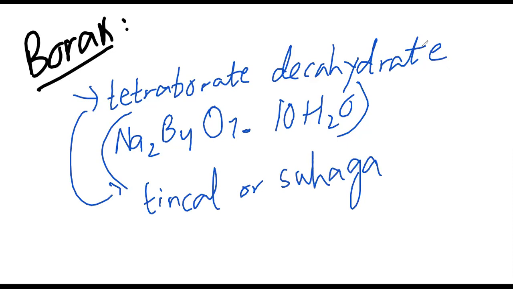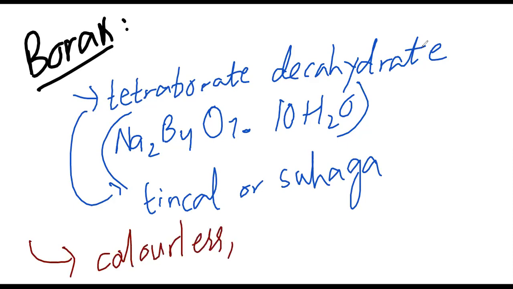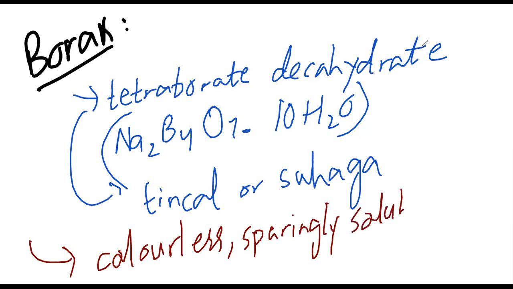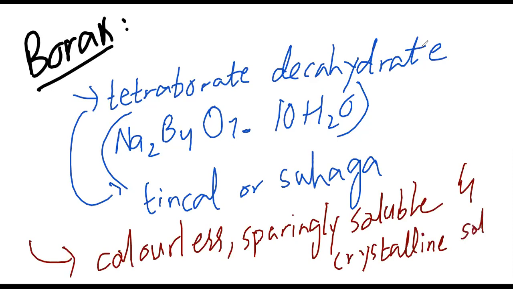And its characteristics are: it is a colorless, sparingly soluble, slightly soluble, and crystalline solid. These are the characteristics of borax.